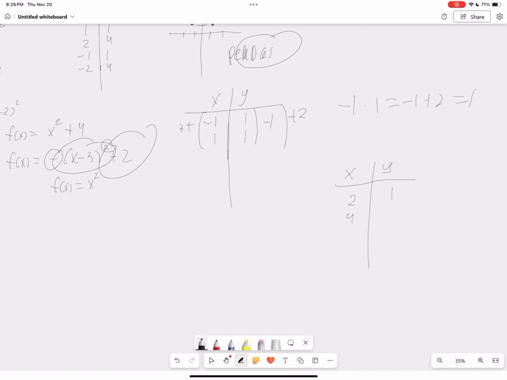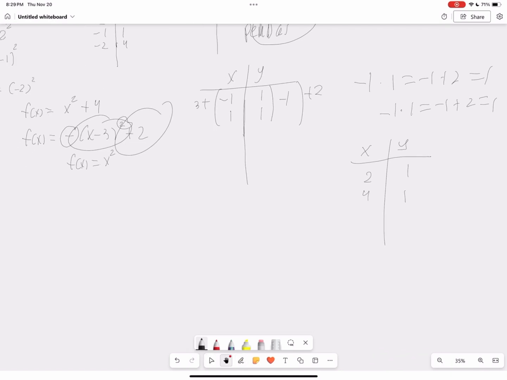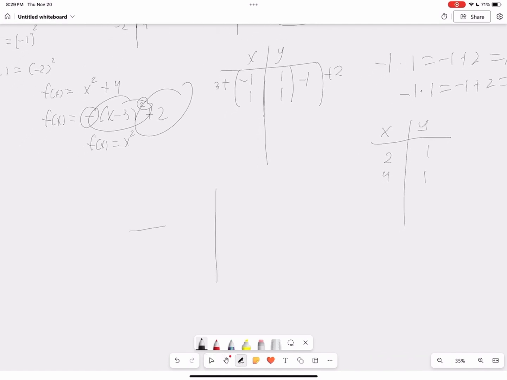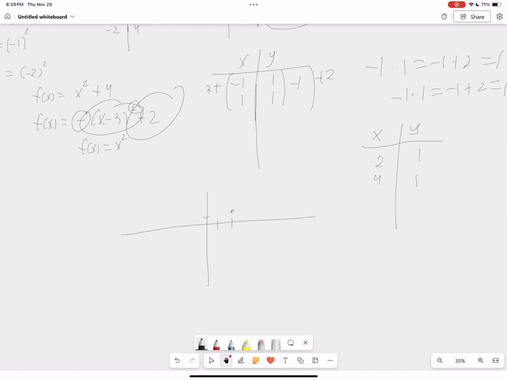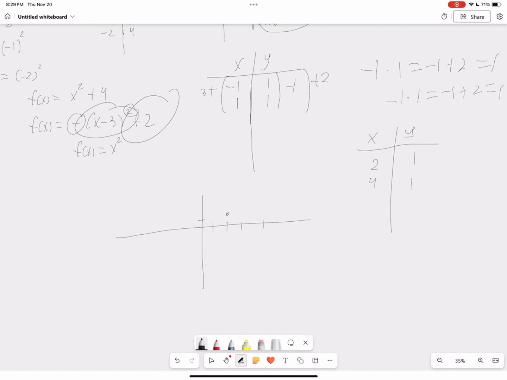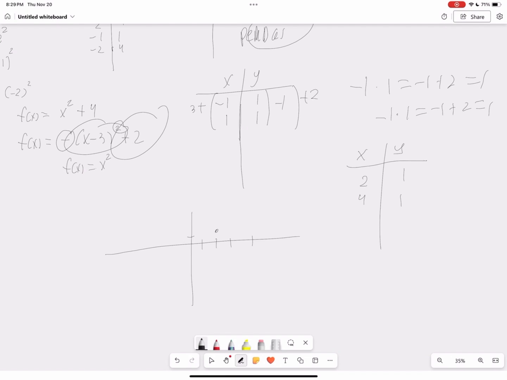Negative 1 times 1 is, again, negative 1, plus 2 is 1. Always, because it's a quadratic, the y values are symmetrical. So this is what our function looks like. At x equals 2, we're at 1, and at x equals 4, we're also at 1.